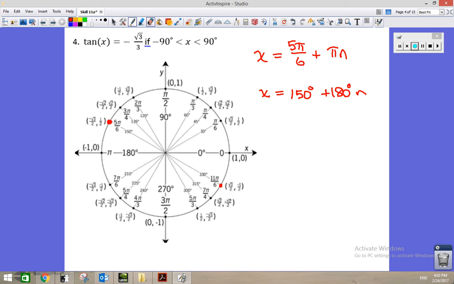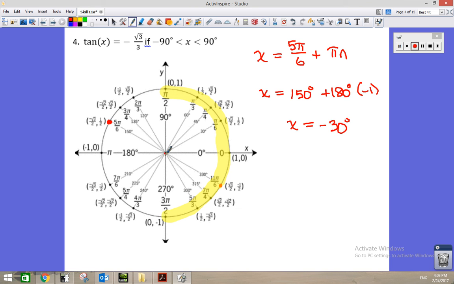Well, if I'm looking for angles that are between negative 90 and positive 90, I'm looking at the right half of this unit circle. So if I let n equal 0, I've got a problem because 150 is not between negative 90 and positive 90. But if I replace this n with negative 1, then 150 plus a negative 180 is a negative 30.